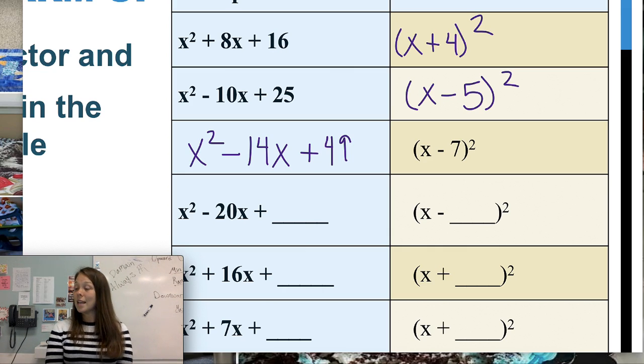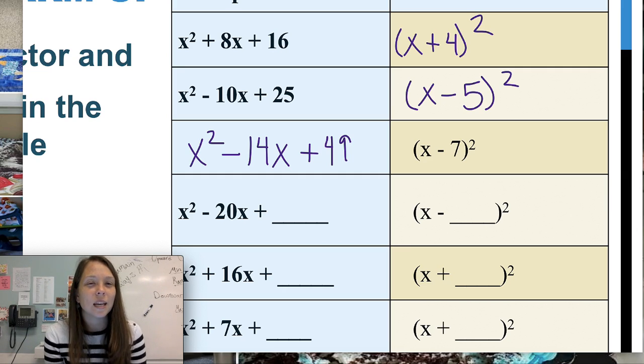Now when we look at the next one, we have x squared minus 20x, we don't know what c is, and then the factored form just says x minus some blank. So we've got to figure out what is the pattern happening between our b and our c values and what our factored form looks like.